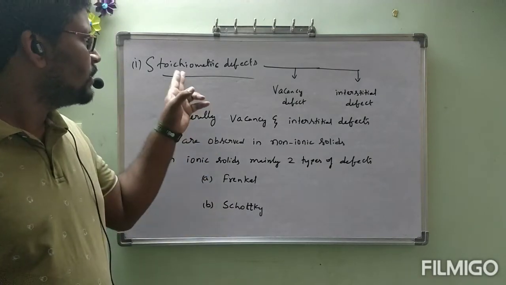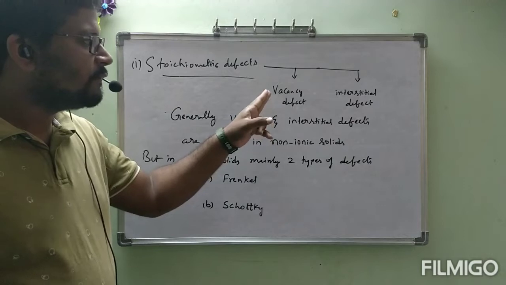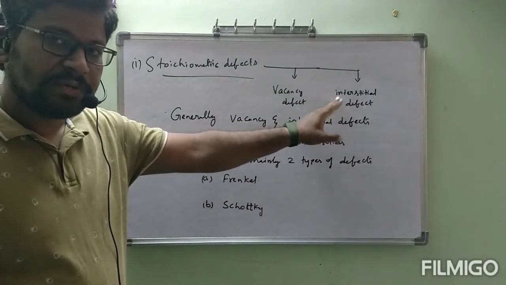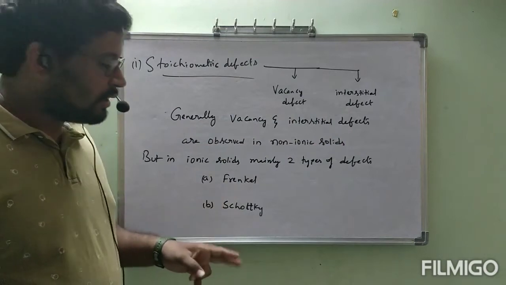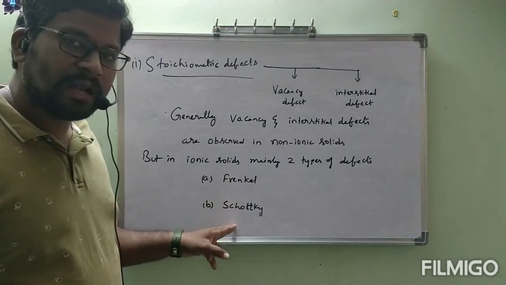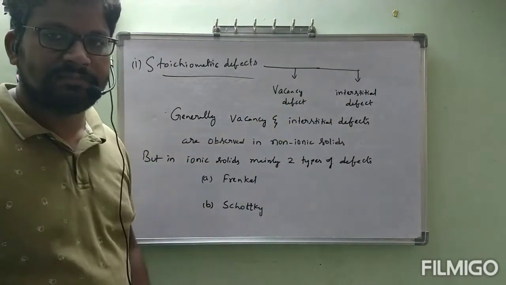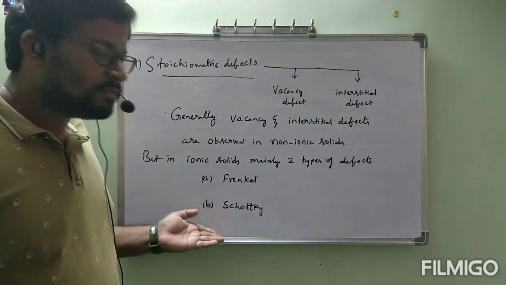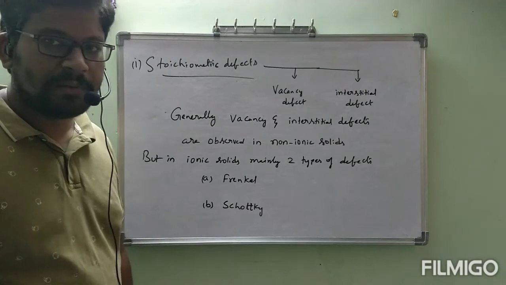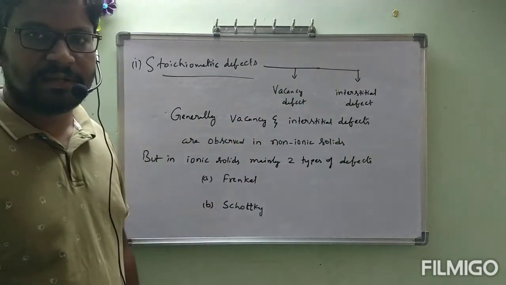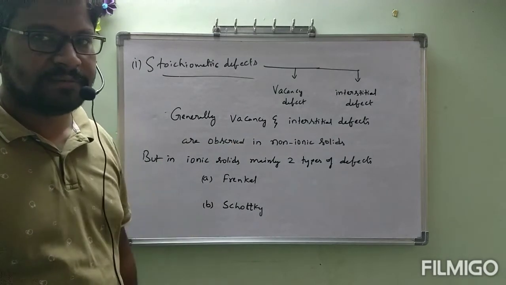Actually, stoichiometric defects are of two types only: vacancy defect and interstitial defect. Sir, you are telling this extra again? Frenkel defect and Schottky defect are types of vacancy defect and interstitial defect. If you see them, you will understand easily. These are also types of vacancy and interstitial defect, but a little bit of difference is there.